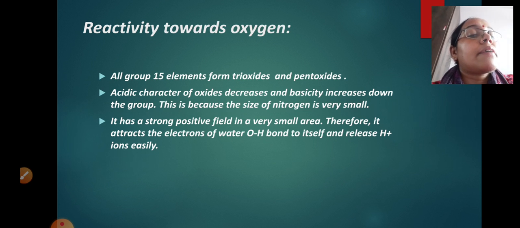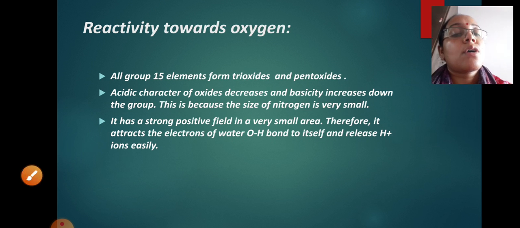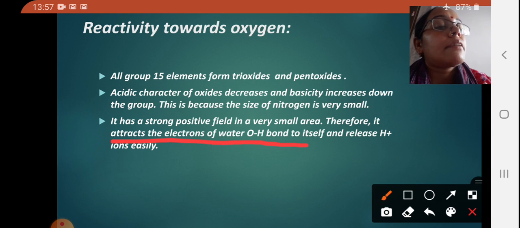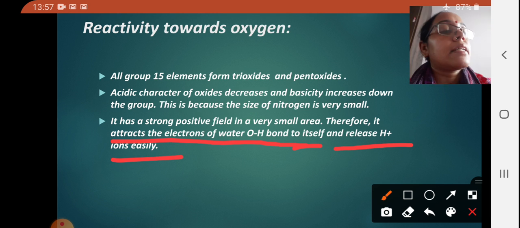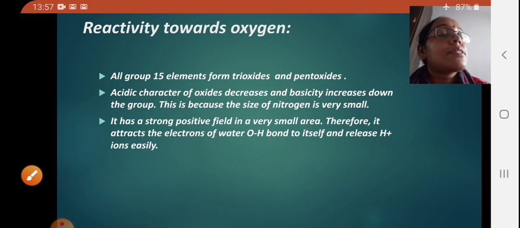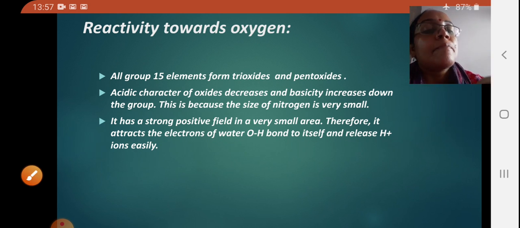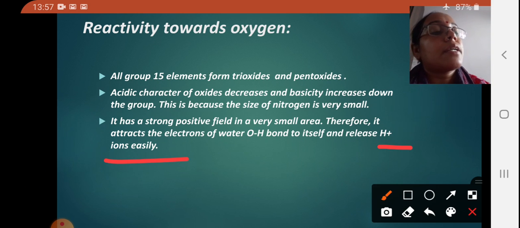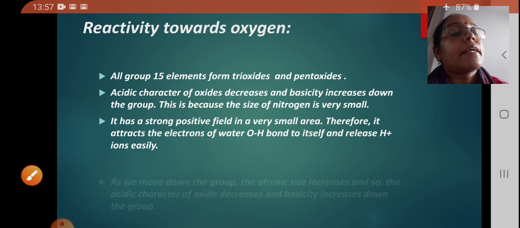Therefore it attracts the electrons of the water O-H bond to itself and releases H plus ions easily. This point is very important. Due to the release of this H plus ion, nitrogen has more acidic character.